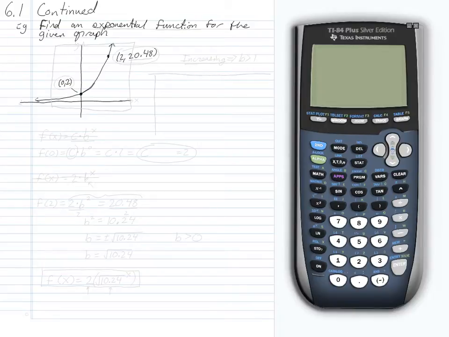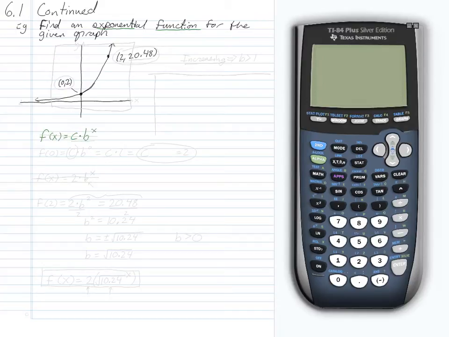Alright, so here we have the graph of an exponential function. For one thing, we're told to find an exponential function fitting this graph. For another, this graph resembles an exponential function more than any other functions that we have seen thus far in the course. So I know that an equation for this function might look like f of x equals c times b to the x.